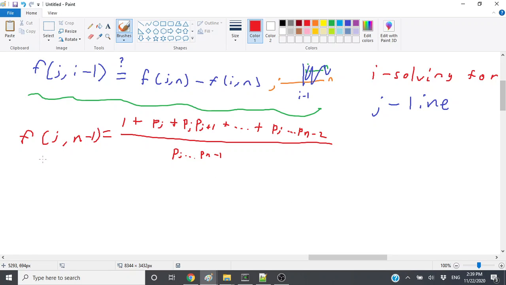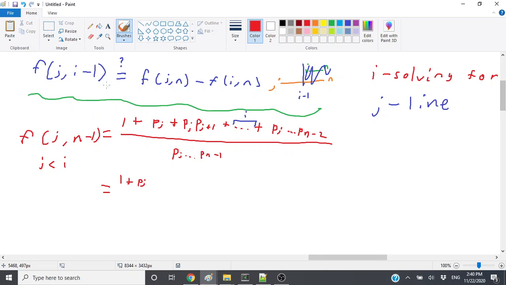Now, essentially, we know that j is less than i. So let's split this sum up at some point i, in the middle of this sum. So therefore we get something like 1 plus p j. In this sum, we're trying to find where f of j, i plus 1 is, so that we can solve for it later.